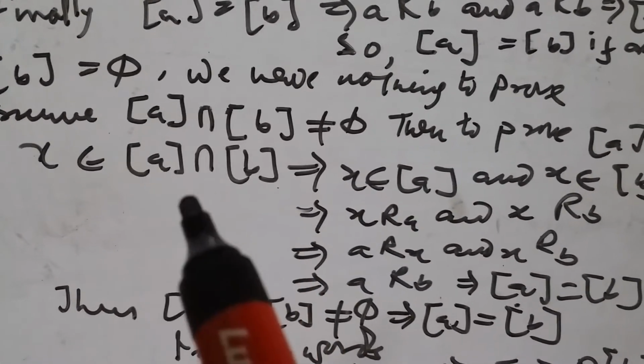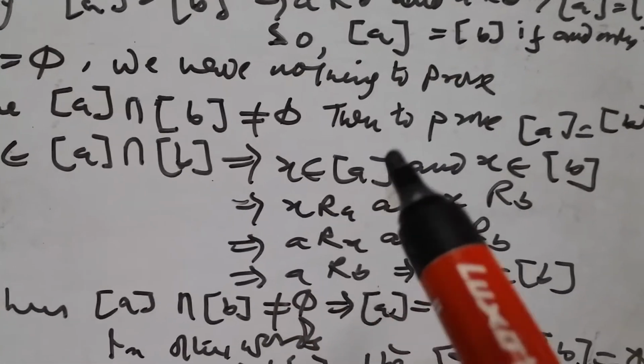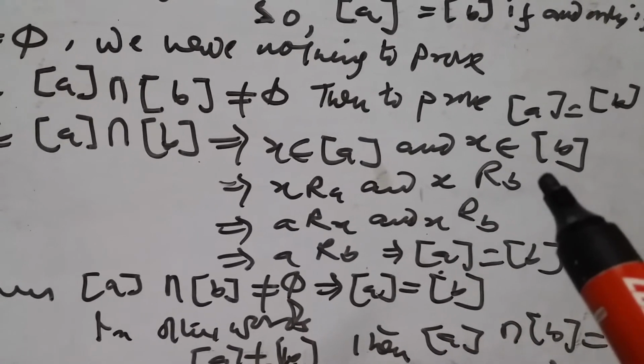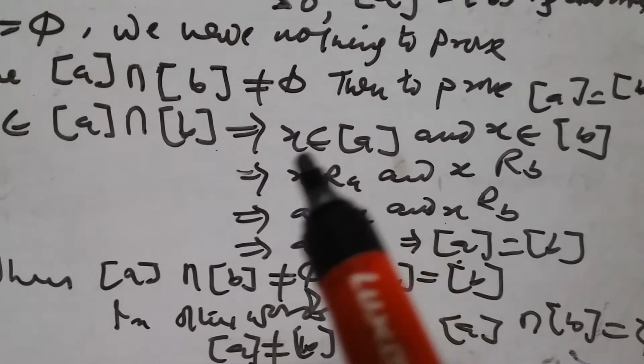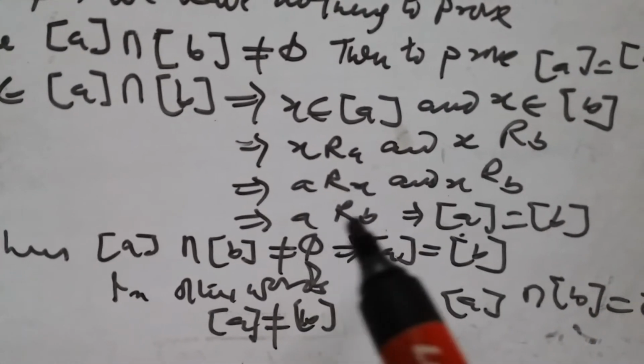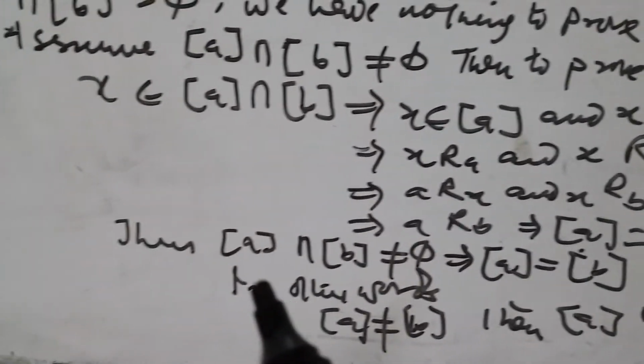If x belongs to [a] and [b], so x belongs to [a] and x belongs to [b], xRa and xRb. By symmetry you can write aRx and xRb, so aRb. So [a] is equal to [b].